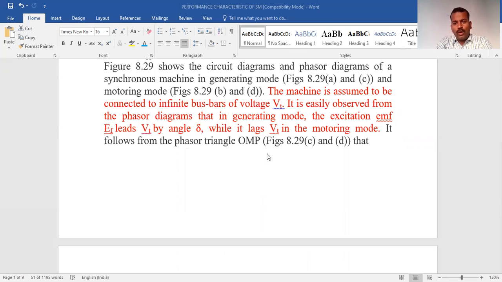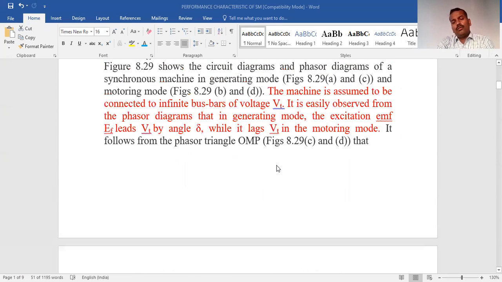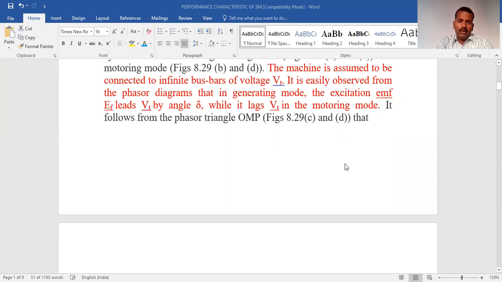We will look into triangle OMP and analyze how the active power P, voltage Vt, and Ef sin delta vary. When either P or Ef sin delta changes, what is the relation between Vt, Ef, and sin delta? Right?